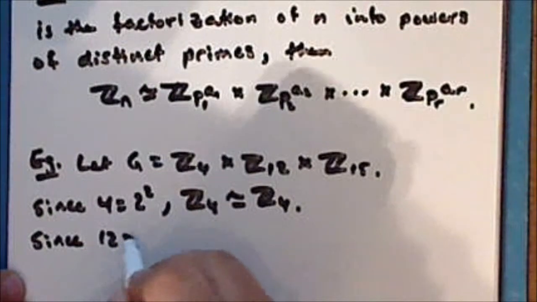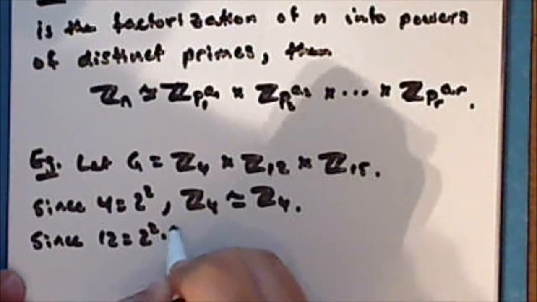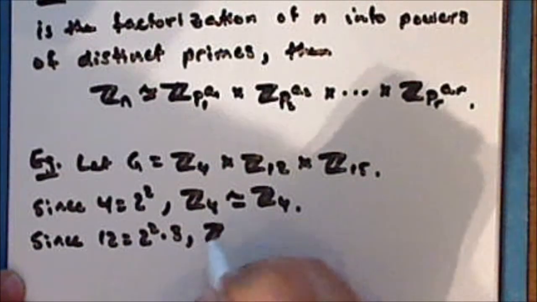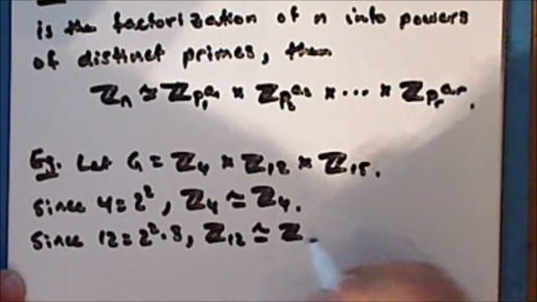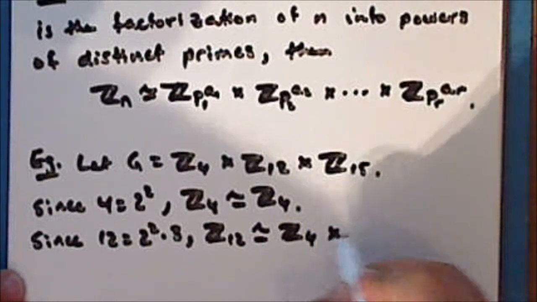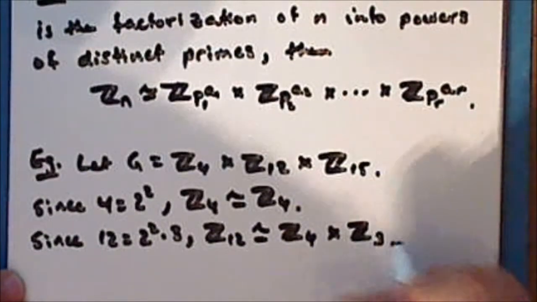And since 12 is 2 squared times 3, the integers modulo 12 is isomorphic to the product of the integers modulo 4 with the integers modulo 3.